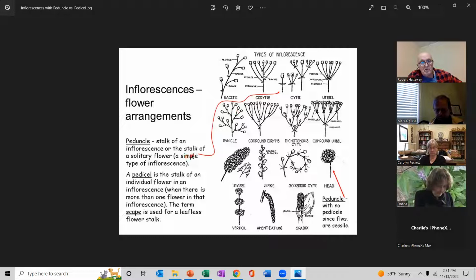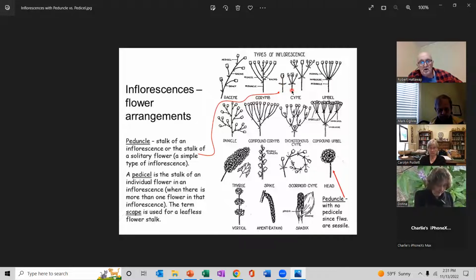So it's important to notice the difference in the pedicel and peduncle length when you compare it with redbay. But bottom line is, for a single flower that's unbranched, you don't need to use the term pedicel. If that's all there is, you don't need the term pedicel.